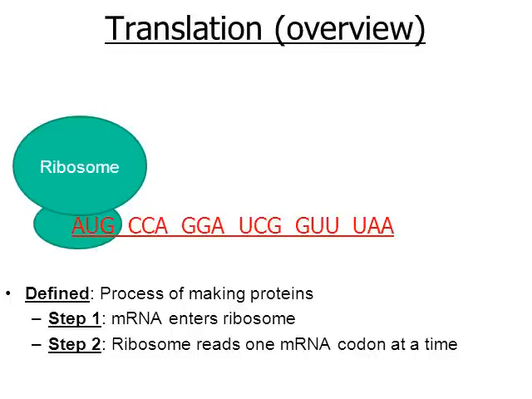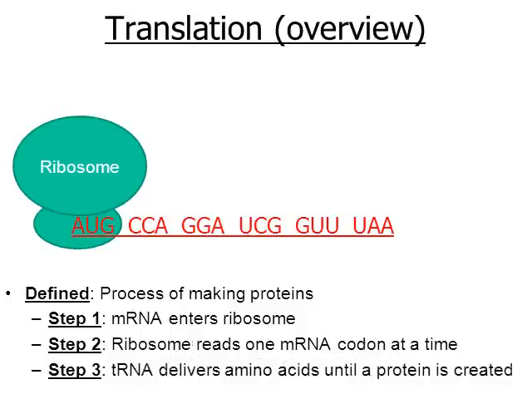If you look on your genetic code chart, find AUG on your chart. AUG has the word start next to it. Not only does it have the word start next to it, but it's also the code for an amino acid. Transfer RNA will deliver the amino acid called methionine because AUG is the code for methionine.